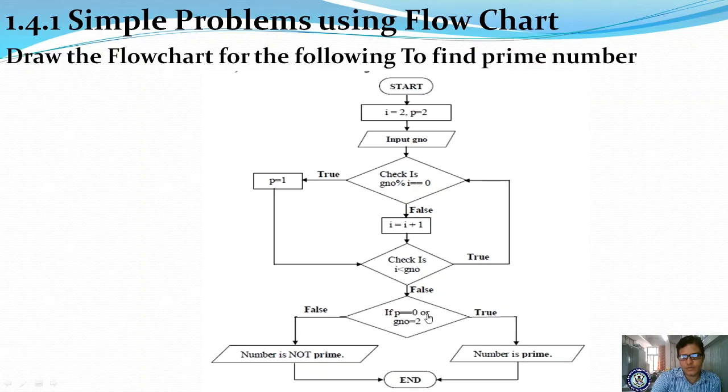If p equal to 0 or number equal to 2 or p value is 1, right? False and true, false, true, true, right? False, true, true, then it will give as number is prime. Okay, so you just give more attention to understand this concept. If you give more attention only, you can understand.